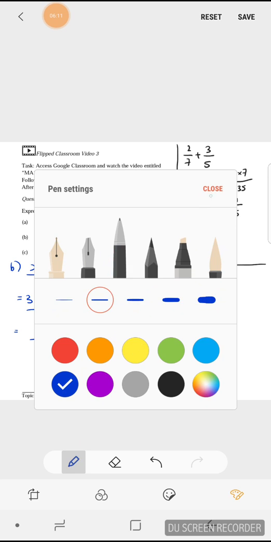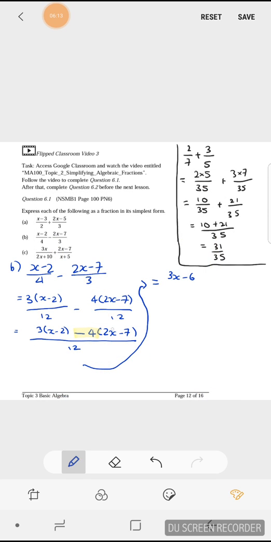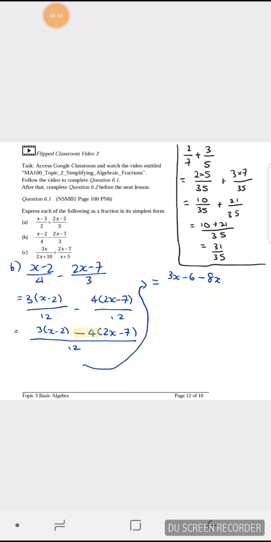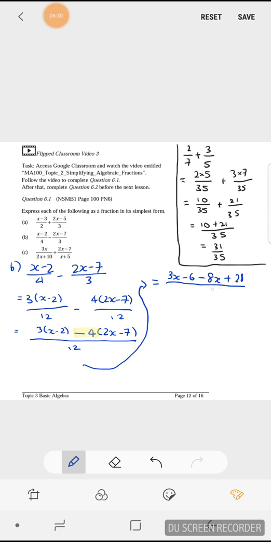Therefore, negative 4 times 2x gives you minus 8x, and negative 4 times minus 7 will give you plus 28. So please take note of this over here. This is negative 4. Alright, it's a recap of our expansion.